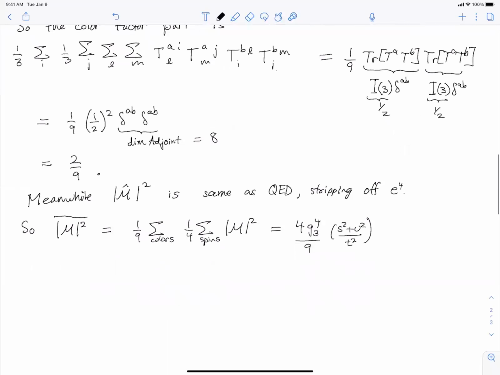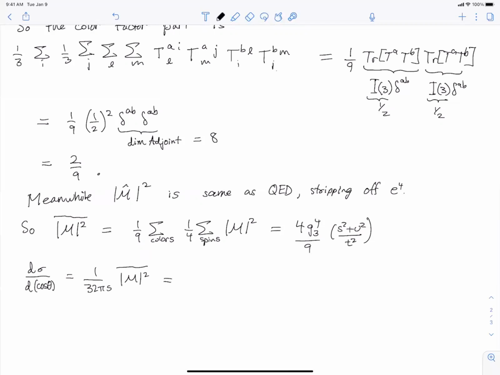Okay, so now we could write down the differential cross-section just by plugging into the relevant formula. It's 1/32 pi s times the reduced matrix element squared with sum and average.